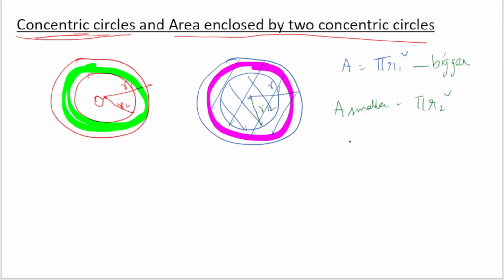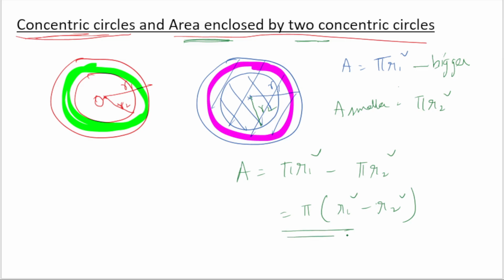Area between the two concentric circles is equal to the area of the bigger circle, pi r1 square, minus the area of the smaller circle, pi r2 square. If you take pi common, we get pi into r1 square minus r2 square. This is the area between the two concentric circles.